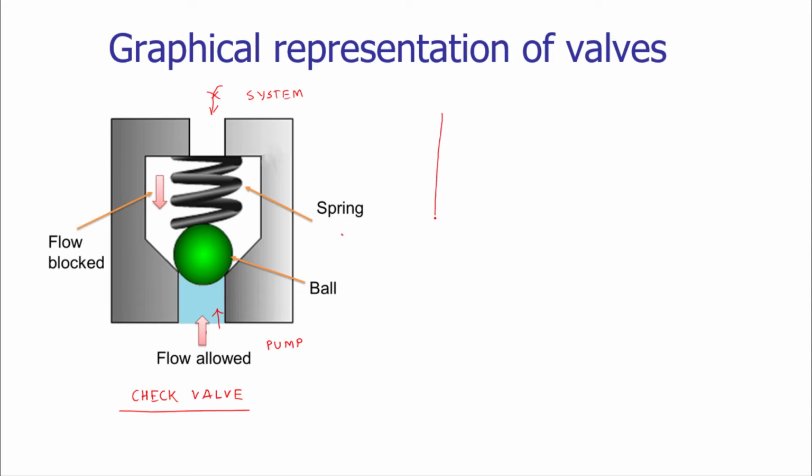To show the operation of this valve, let us draw two squares. At normal position, the flow is blocked. Let us consider the flow is there inside the valve, but it is blocked.